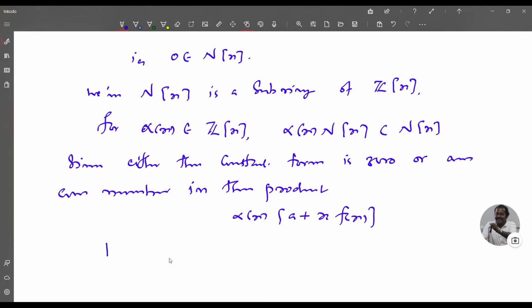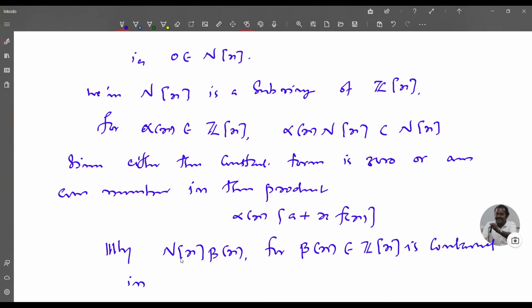Similarly, N(x) times beta(x), for beta(x) belonging to Z[x], is contained in N(x). Therefore, N(x) is an ideal.